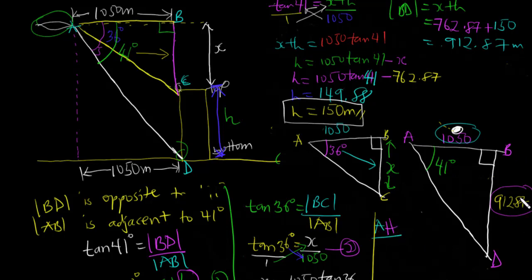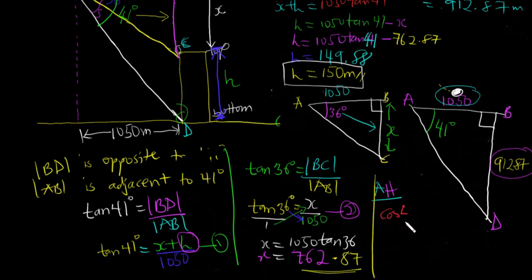If I had used 912.87, of course, that is opposite, I would have used sine. But because of the decimals, I'm going to use this exact value. I think that one is cool. So I'm going to write cos 41 degrees equals the adjacent side, which is the side AB, over the hypotenuse, which is the side AD.